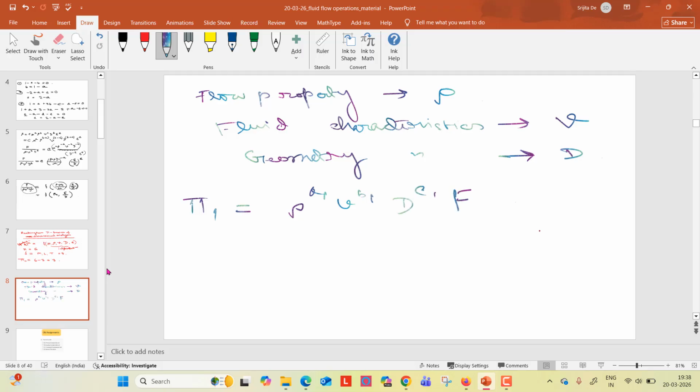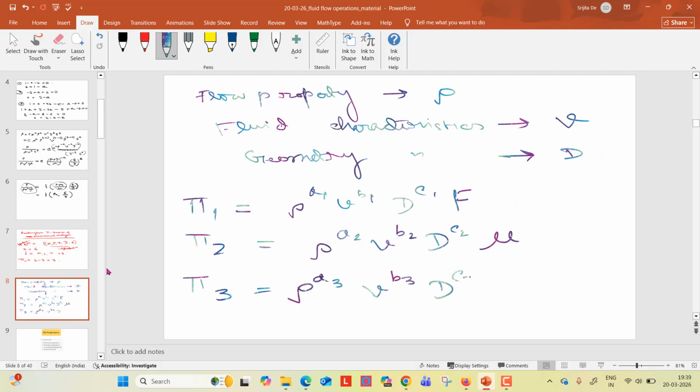This is one of the variables. Pi2 will be rho to the power a2, v to the power b2, d to the power c2 into mu. This is another independent variable. And pi3 will be rho to the power a3, v to the power b3, and d to the power c3, and epsilon. It is a roughness factor, right?